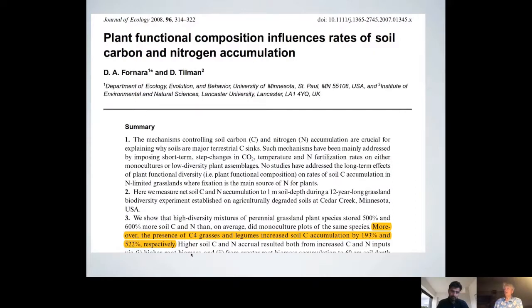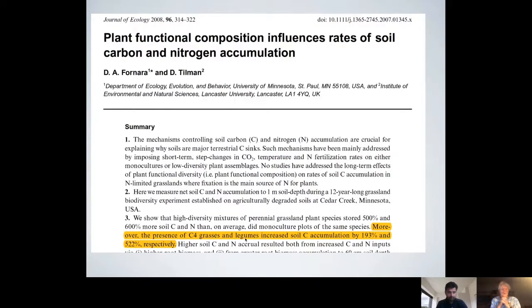And so C4 plants, according to this paper, which was published in 2008, based on experimental farms in Minnesota, had different greenhouses with different CO2 contents, and they found that C4 grasses and legumes increased soil carbon accumulation by 200 to 500%. Just amazingly effective at pulling CO2 out of the atmosphere and putting it into the ground.